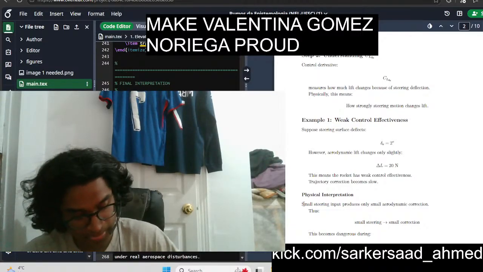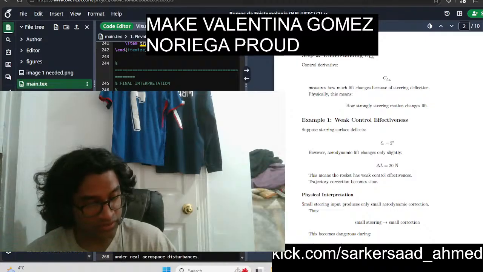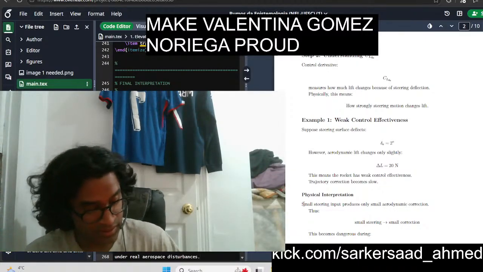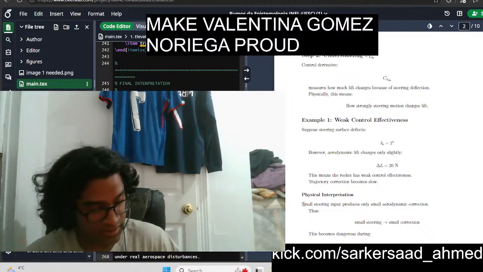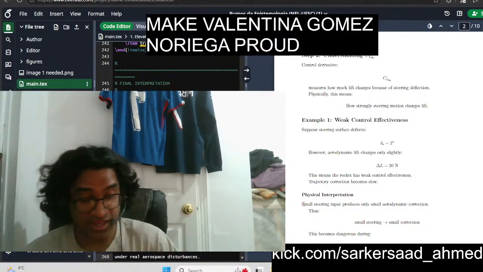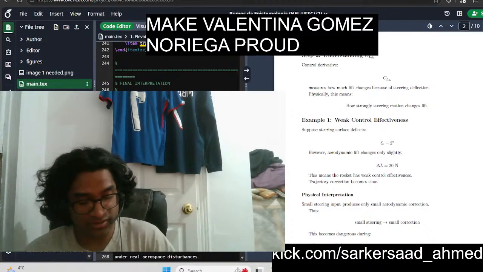However, the aerodynamic lift is only 20 newtons, meaning the change in aerodynamic lift, del L, is 20 newtons, meaning this is dangerous. So I'm just going to directly jump onto the code. This is dangerous, whether small error or large error or not.